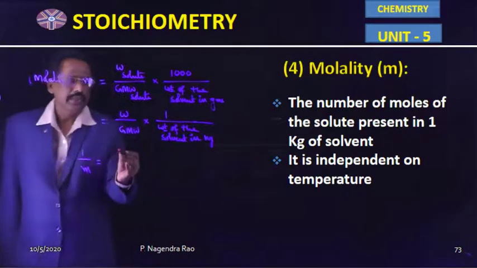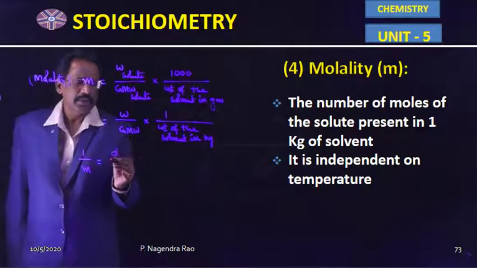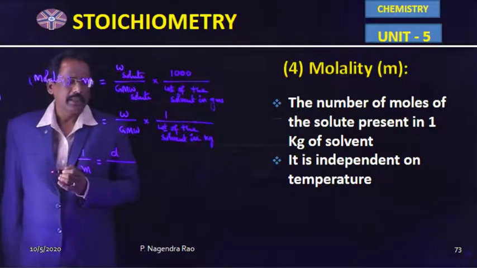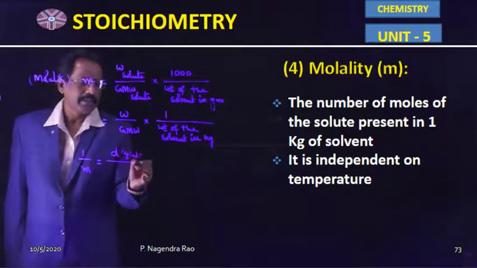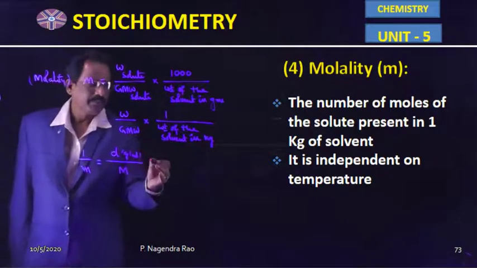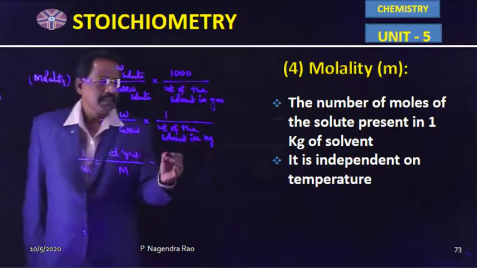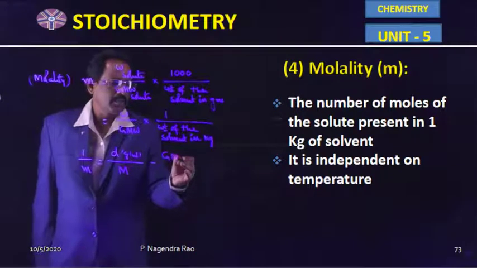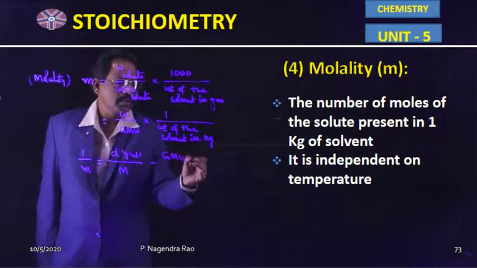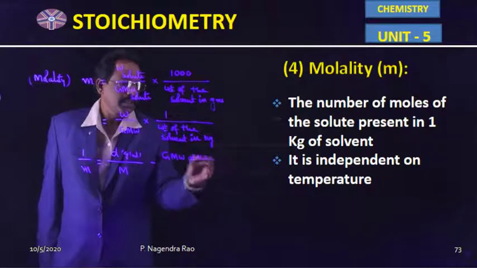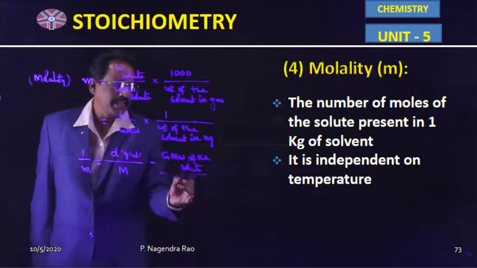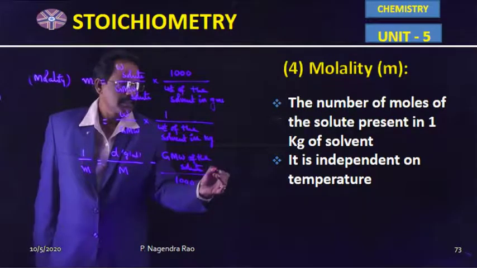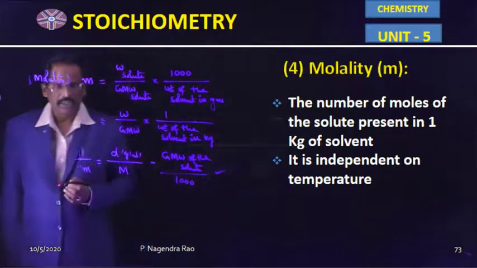divided by molarity, capital M, minus gram molecular weight of the solute divided by 1000. So this is also another formula.